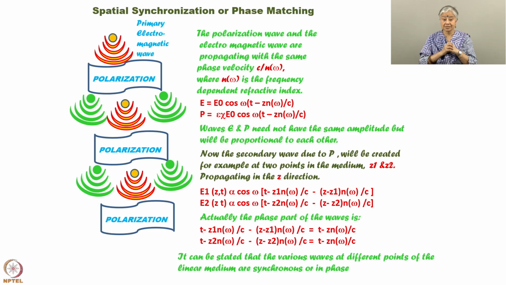Okay, that is why it is a tensor. But for the moment you consider the polarization as a wave which is induced by this primary electromagnetic wave, and we want to know what happens at the end of the crystal, or as it has traveled, say, from this point to another point Z.